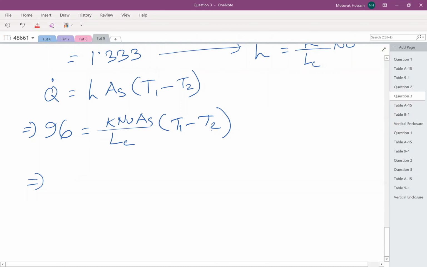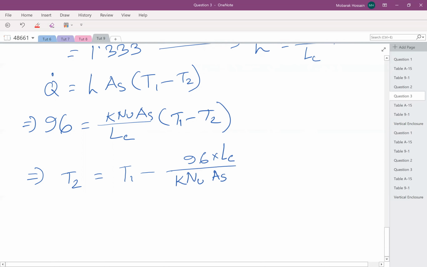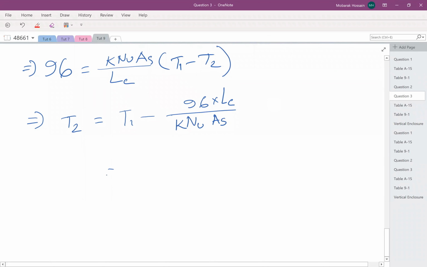Okay, now we'll calculate the T2. Now if we rearrange the formula for T2, it will be T1 minus 96 times characteristic length over thermal conductivity, Nusselt number, and surface area. So here is 18, but we'll convert to Kelvin because from here we'll get the temperature in Kelvin.